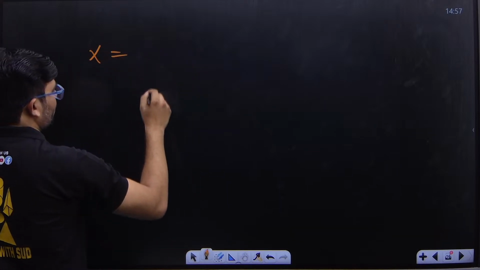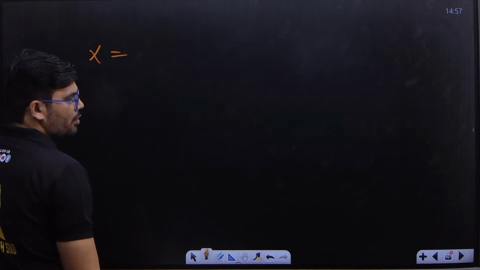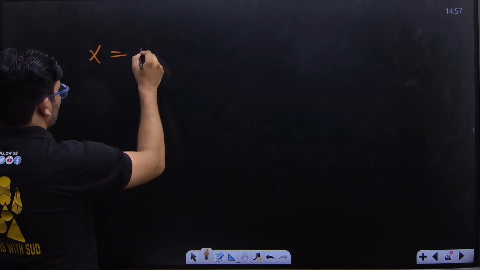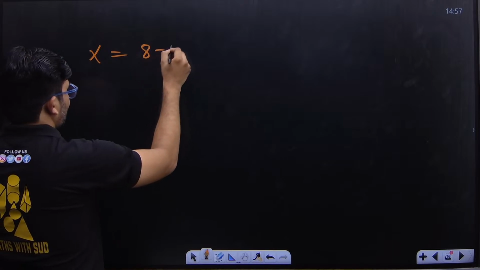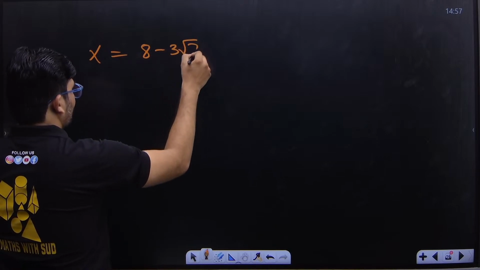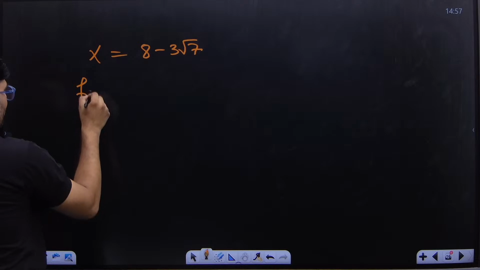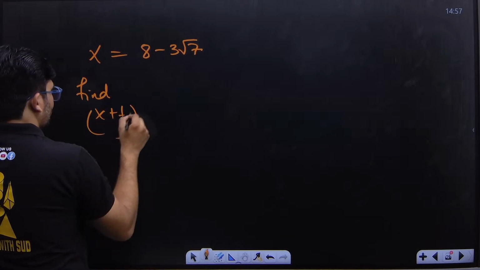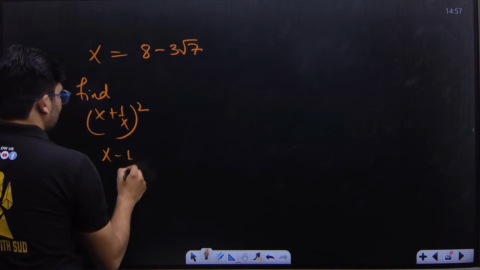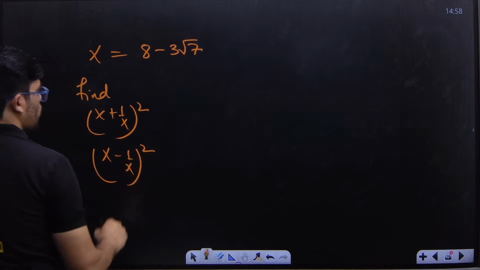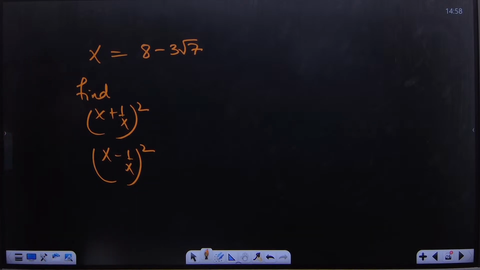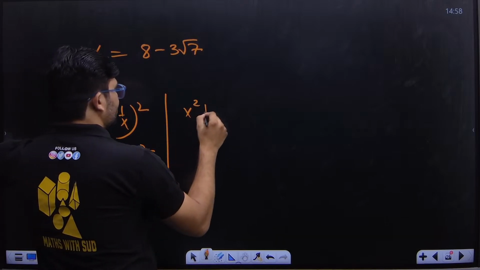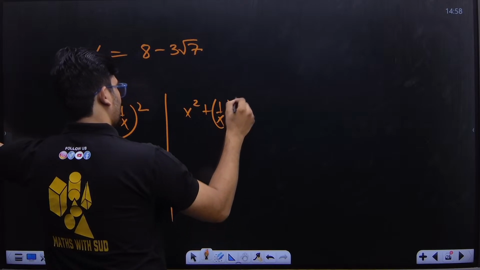So if x is equal to 8 − 3√7, find (x + 1/x)², (x − 1/x)², and x² + 1/x².